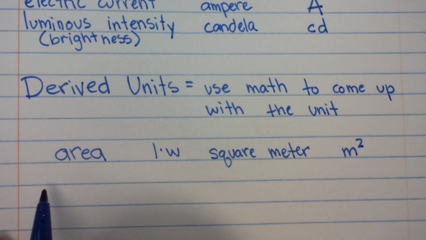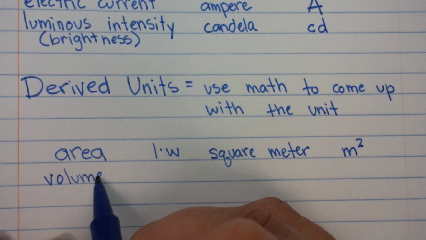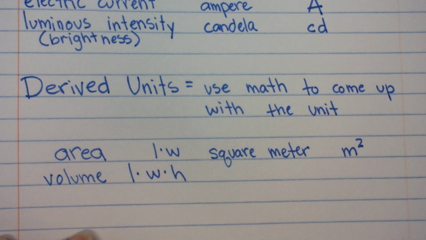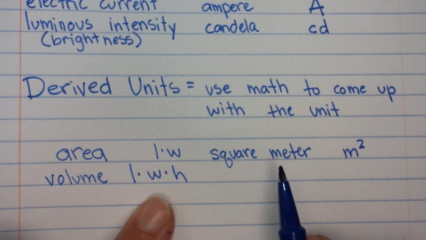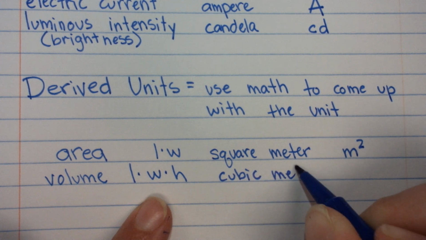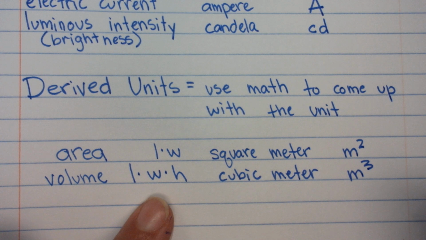What's another one that you have to use math like that? I heard somebody whisper volume. So volume, length times width times height. So what unit do you think we'll have? Does somebody mumble cubic meter? Okay.